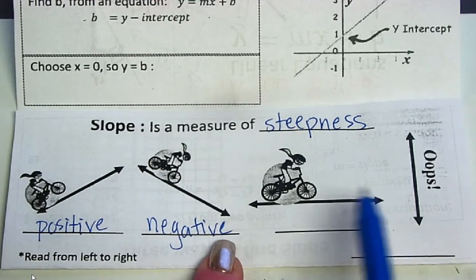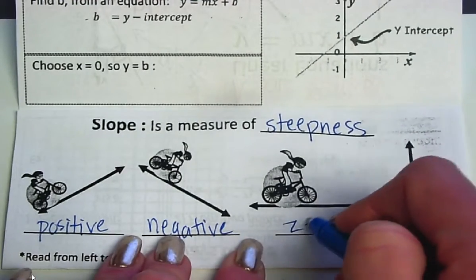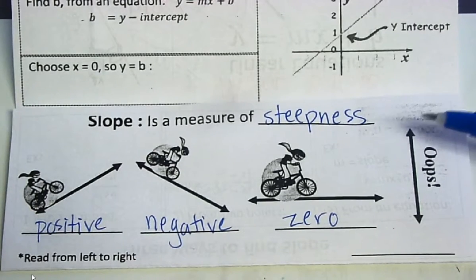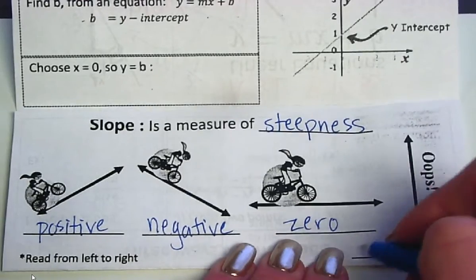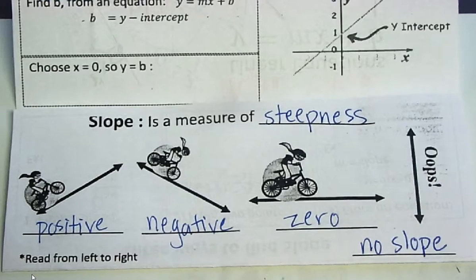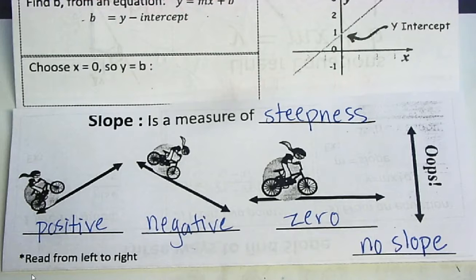Do you guys remember what we used for that? 0. That's a 0 slope. And then when we have no slope, it's just straight up and down. It's exactly what I said, it's no slope. And sometimes you see it as undefined. And we can calculate this using rise over run or change in y over change in x, those two different formulas that we've looked at.